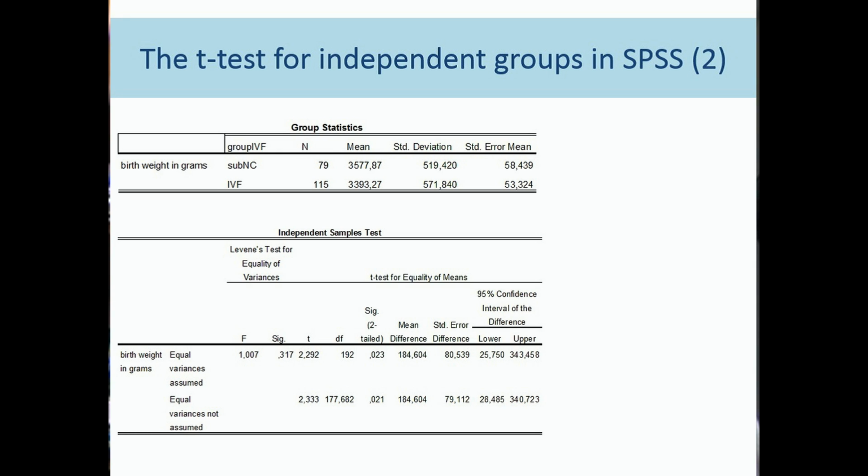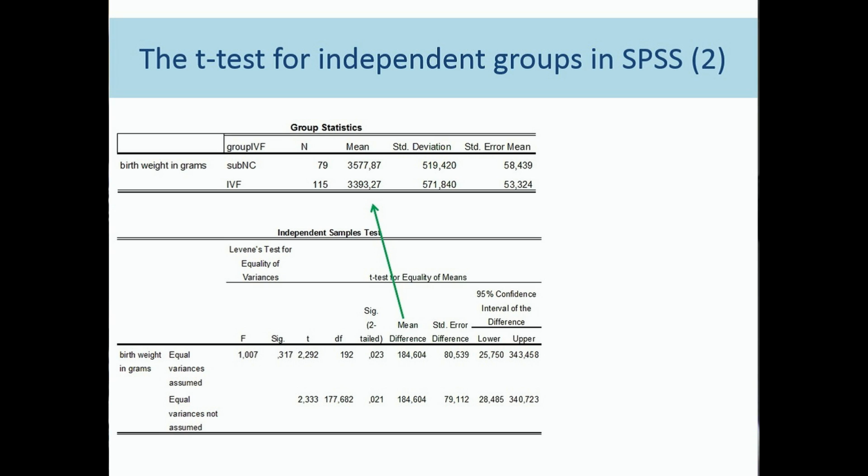Next, we see a large table with a lot of information. First of all, we see a mean difference. The mean difference is simply the difference between the means. So we observe a difference of 184 grams between the two group means, the two sample means.